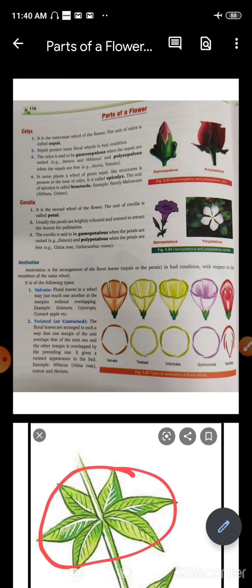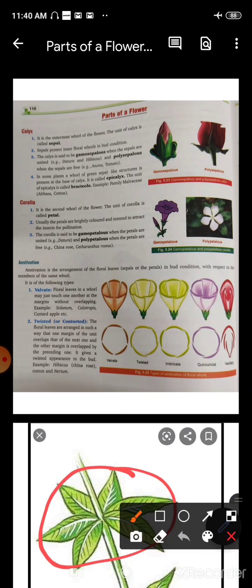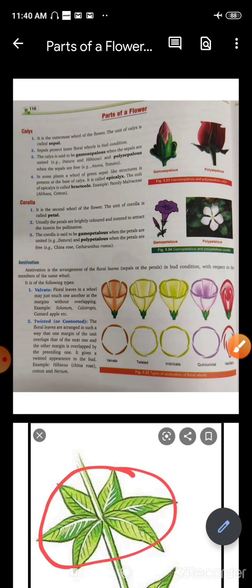We've studied that a flower has 4 whorls, right? So what do we mean by 4 whorls? Now what is this whorl?